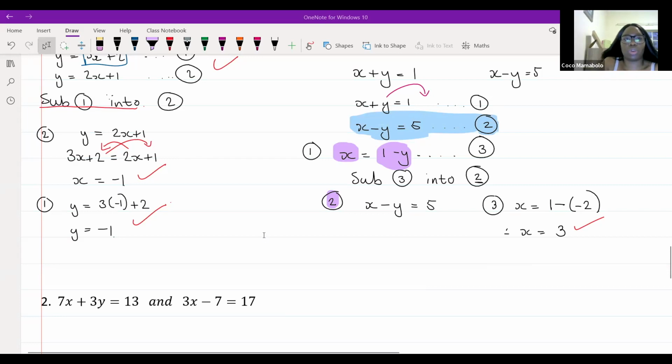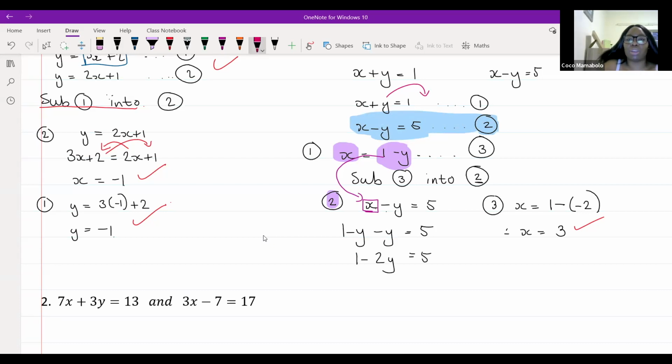So I'm going to substitute in here. I can see there's an x. So I must take x and replace it with 1 minus y. So I'm going to get 1 minus y. Now I need to continue with the rest of the sum. 1 minus y is equal to 5. And then I need to add like terms. I've got minus y, so that's going to give me 1 minus 2y is equal to 5.